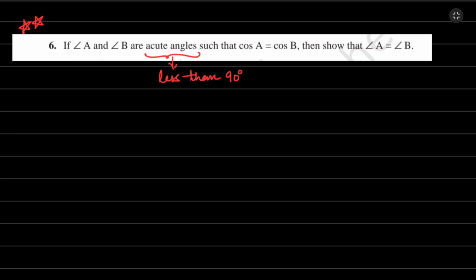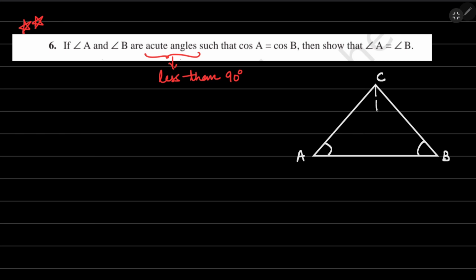cos B. So let's draw a triangle such that A and B are acute angles, something of this kind. Okay, so you have a triangle. So this is your angle A and angle B, both are less than 90 degree, and this happens to be angle C. Okay, so you have to draw a construction here.